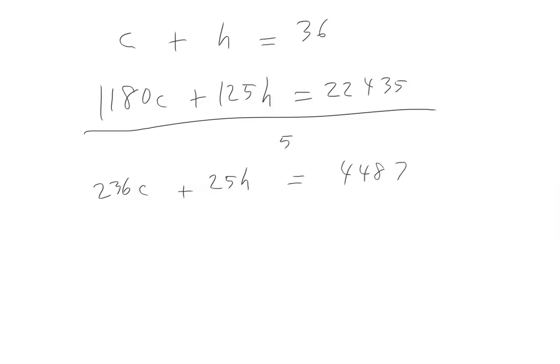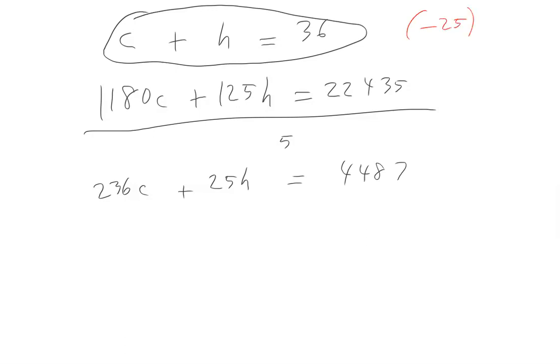Now what I'm going to do is take the equation C plus H equals 36 and multiply that times negative 25. So if I do that, then I'll get negative 25C, negative 25H, and then 36 times 25 equal to negative 900.